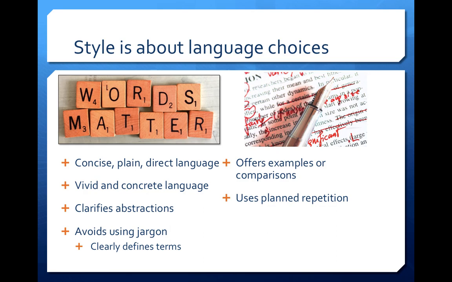An informative style will use planned repetition and redundancy to drive home important ideas and to help the audience find their way through the speech. And then lastly, an informative style is going to be personal. It's going to relate ideas to both the speaker and the speaker's life and to the audience so that they're easy to understand and, again, more memorable. Let's dig deeper into each of these.